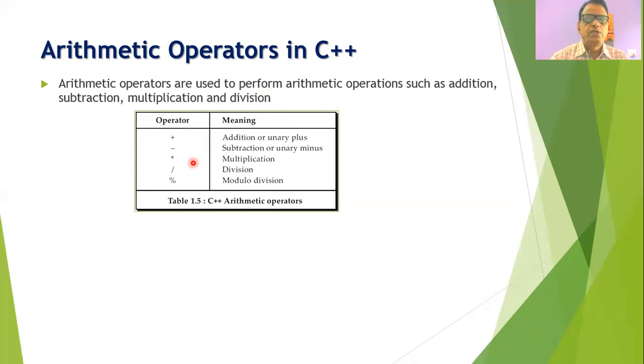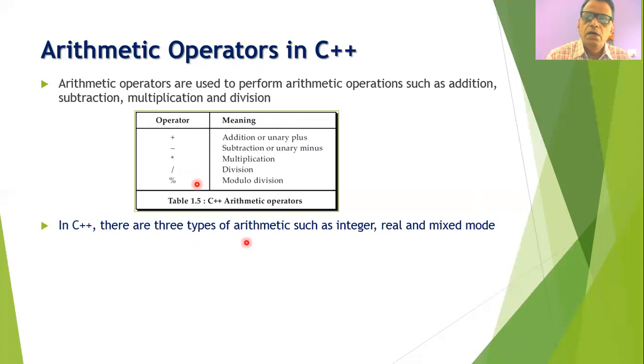The slash symbol is used for division. And the percentage symbol is used for modulo division. Whenever we want to perform addition, we use the plus symbol. Whenever we want to perform division, we use the slash symbol. And whenever we want to obtain the remainder of a division, we use the percentage symbol.